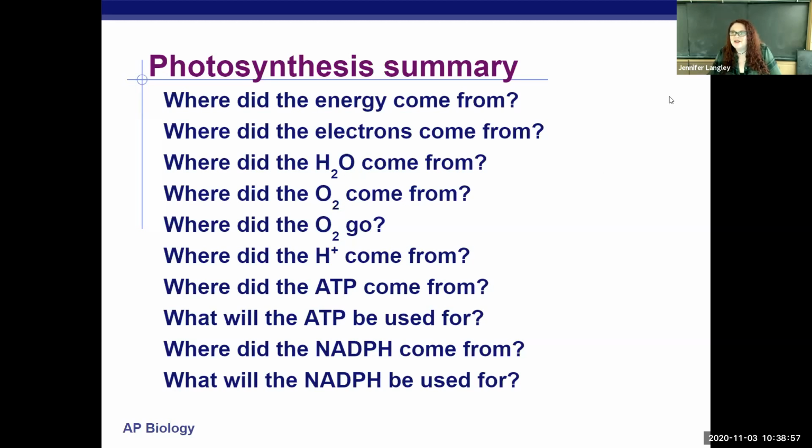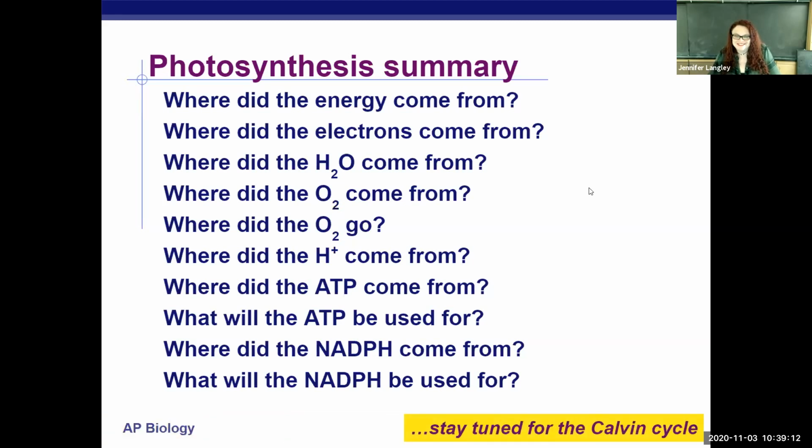That question popped up and I saw several of you make a weird face. It's going to be moved to the Calvin cycle for us to be able to make sugar and store that energy. Excellent.